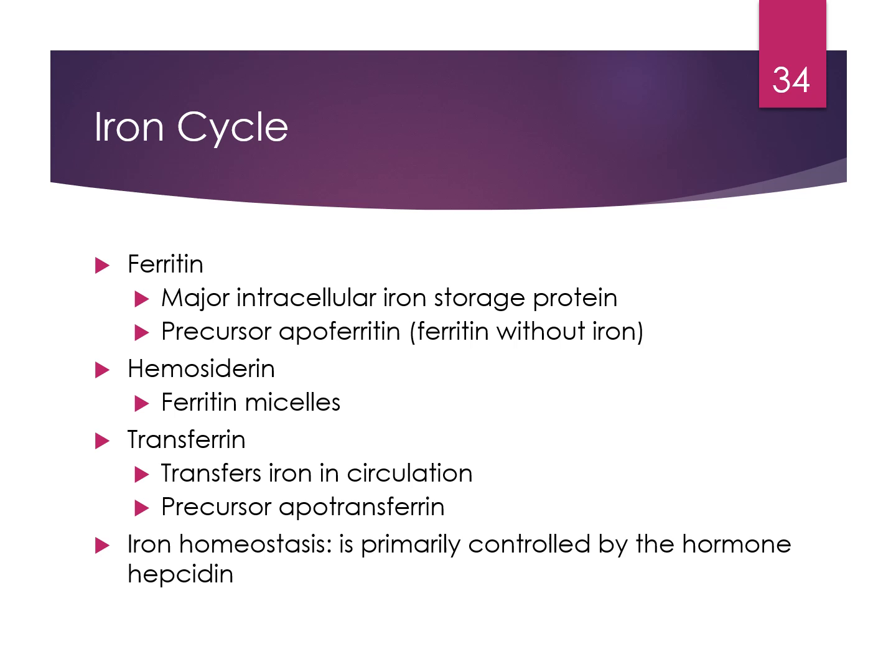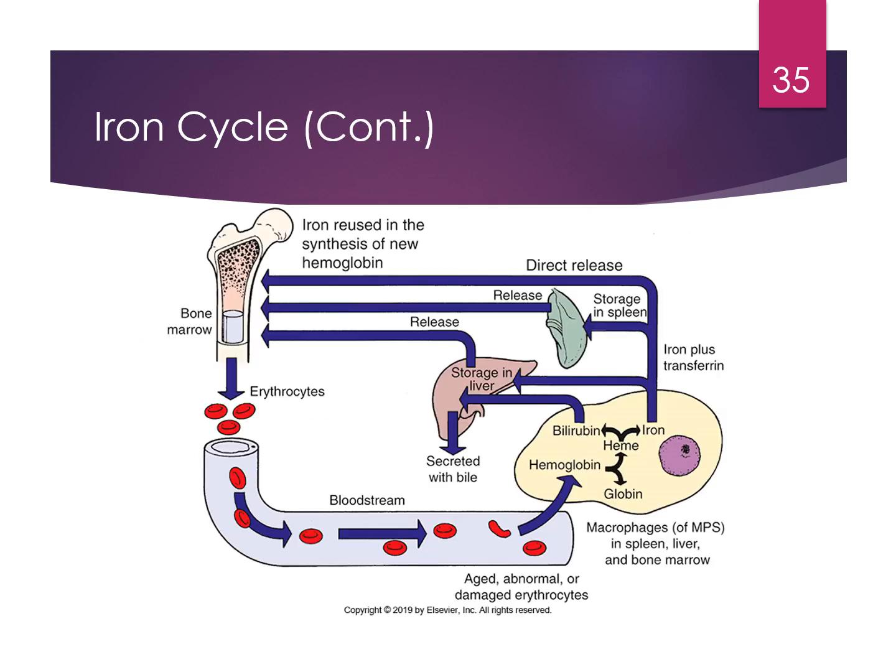It's important to know with iron deficiency anemia what the iron cycle is. So I am not going to review this. You can read the slides, and also if you need more in-depth explanation about the iron cycle, you can find it in your pathophysiology book as well. On this slide, I just wanted to give you a visual illustration of the iron cycle.